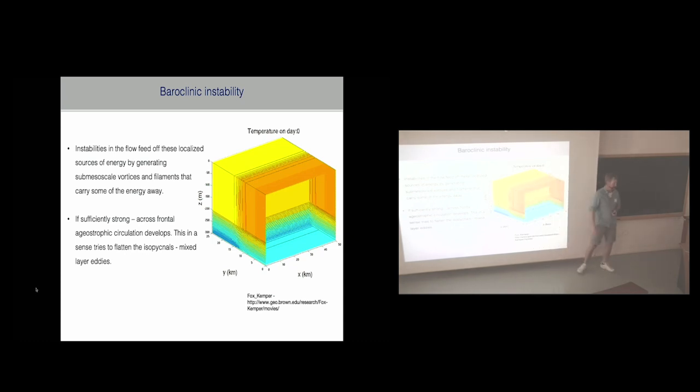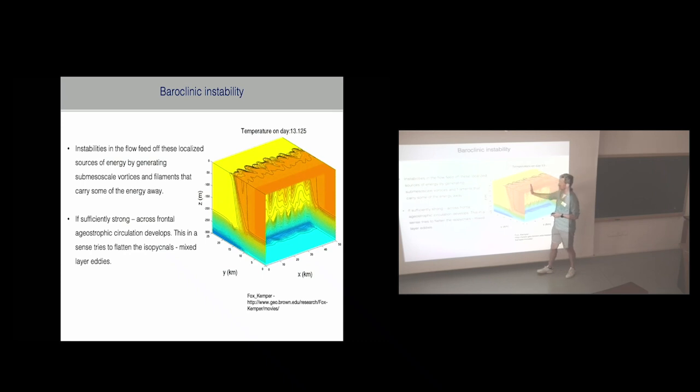What happens is if you start the simulation, here we're running just several days, we can start to see that the along-front flow starts to become unstable. We're talking about very small scales, so we form these vortices, and eventually this very tall mixed layer, which has a change in density over it, starts to slump.